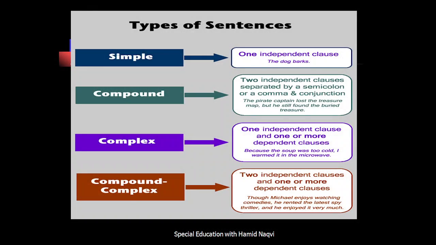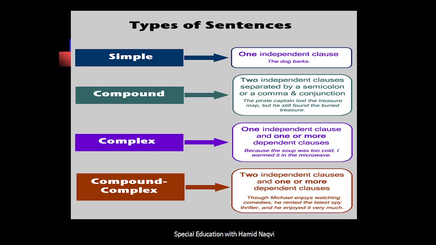Now we move to another segment in the same video where we'll have practice of MCQs relating to types of sentences. We partially mentioned there are 4 types. First one is simple. In a simple sentence, there is one independent clause, and the example is: the dog barks.